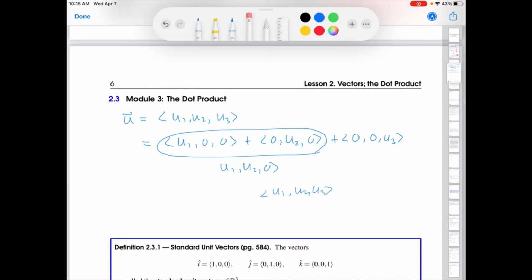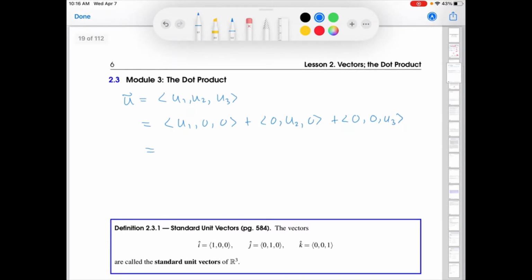So I'm using the definition that we talked about in the previous video as a way to decompose a vector into sums of simpler vectors. And then I'm going to do the same thing with the scalar portion of that definition, the third part. I'm going to pull out this u1 and express this sum in terms of a sum of three very special vectors, which we are very shortly going to give names.